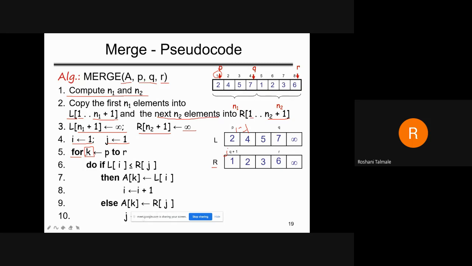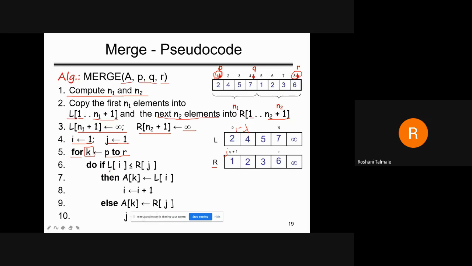In the previous diagram, K refers to the main array. After sorting, we have to keep the values in the main array. So K goes from P to R. P is the first index and R is the last one, because we require the loop to execute up to R.